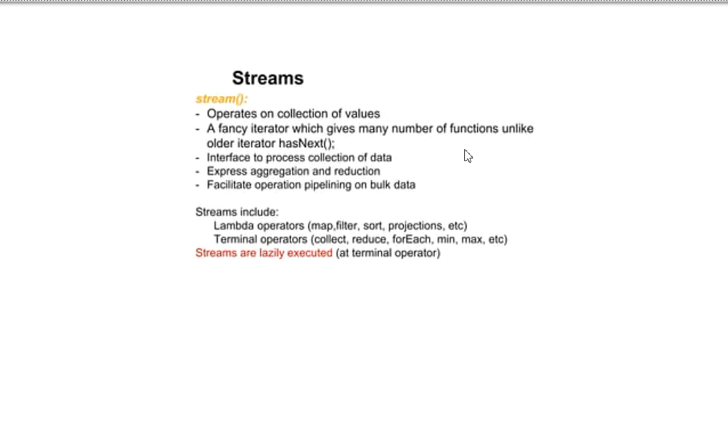Streams include intermediate operators like map, filter, sort, projection, etc. And among the terminal operators, there are collect, reduce, forEach, min, max, etc. These methods are available in the streams API.